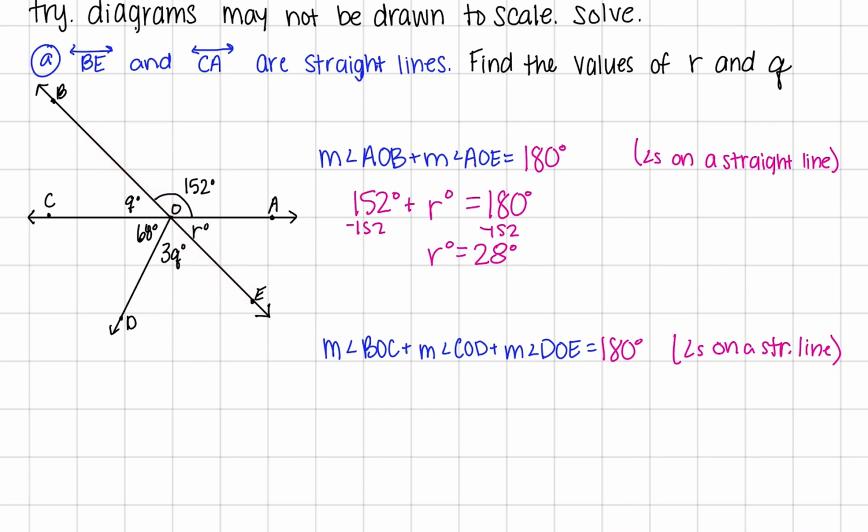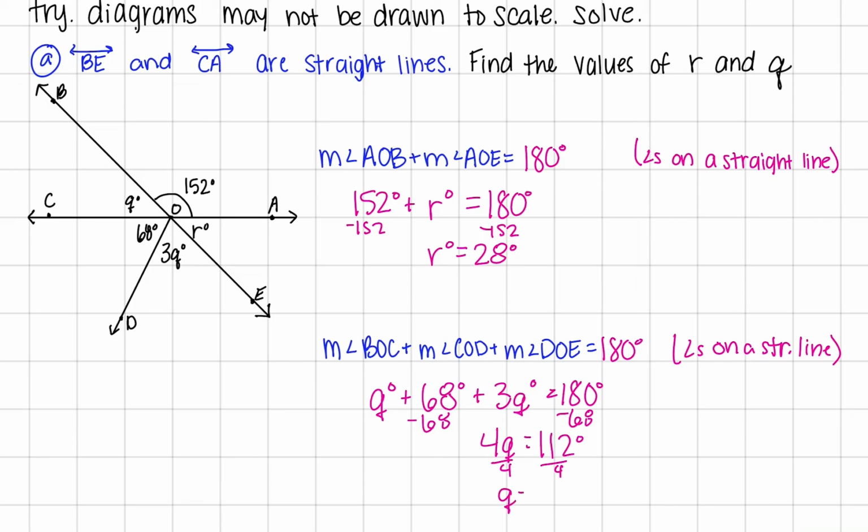Okay, so BOC is Q, COD is 68, and DOE is 3Q, equals 180 degrees. Combine like terms, we're going to subtract 68 from both sides, and we get 4Q equals 112. Divide both sides by 4, and Q equals 28 degrees. Okay, and so we found the value of R, and we found the value of Q.